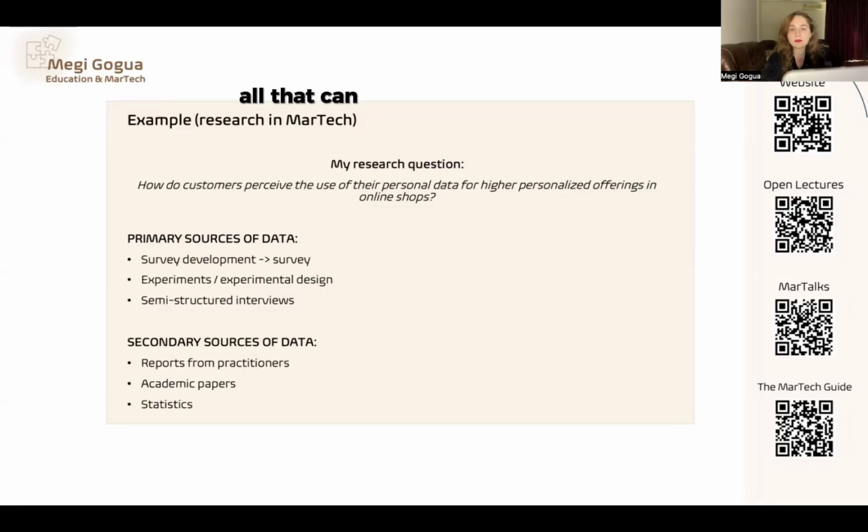All that can be in the category of statistics. So as you can see in this example, the lists are applicable, but at the same time, it requires a very thorough understanding of what data sources you work with and how you can actually use them for your own benefit.